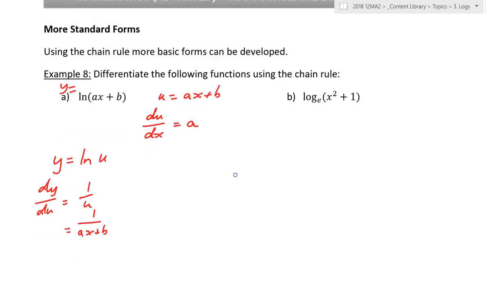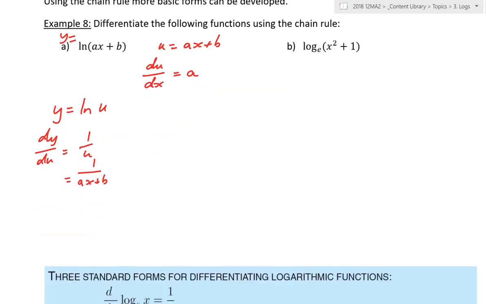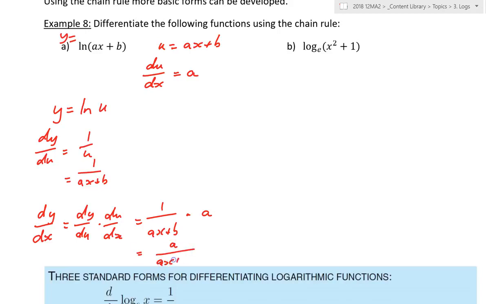So, dy/dx is dy/du times du/dx, which is equal to 1 over ax plus b times a, equals a over ax plus b.